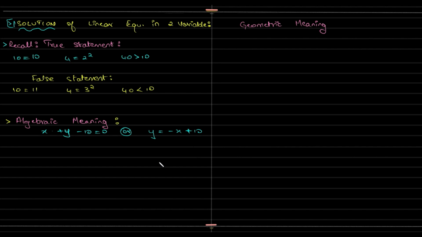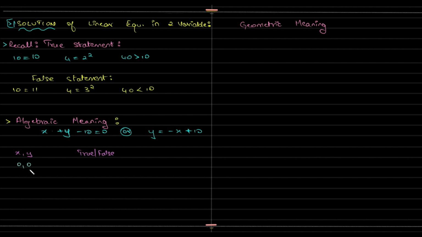It will help us in our graph plotting, so I've done that. Now let us consider a few values, the inputs x comma y, and let's see if each gives a true or false statement.